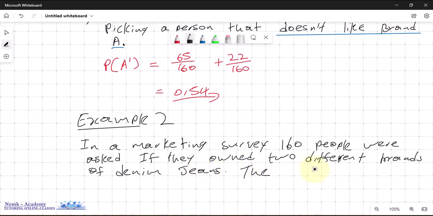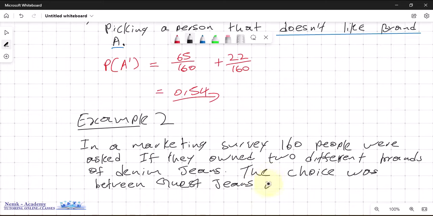The choice was between Guess jeans and Triangle jeans.